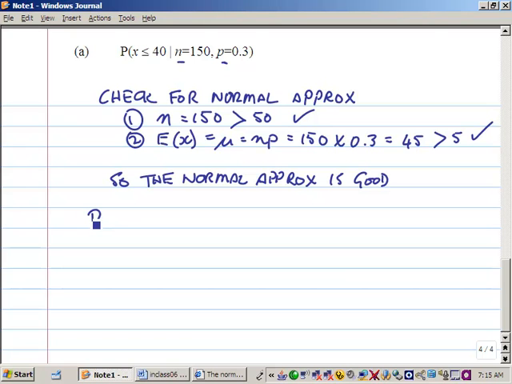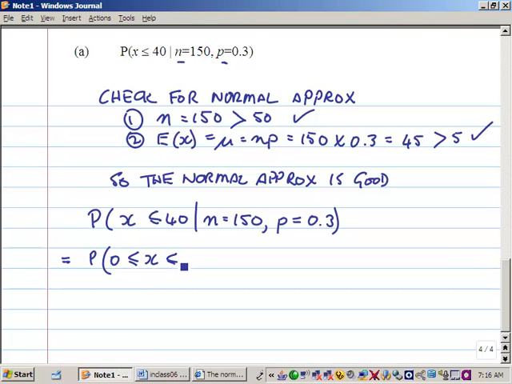So, first I'll just write down the same statement as above, because it turns out that for most of these examples, it's better to write the binomial with two limits, because we'll need those two limits for the normal.